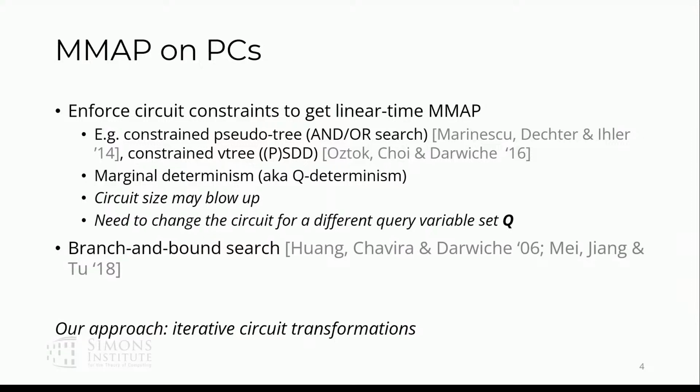Another point is that if you enforce these constraints for a particular marginal map query, and then you want to compute another marginal map for a different set of query variables, you need to go through that whole process all over again. You have to change your circuit to conform to that different constraint. So that's very expensive.